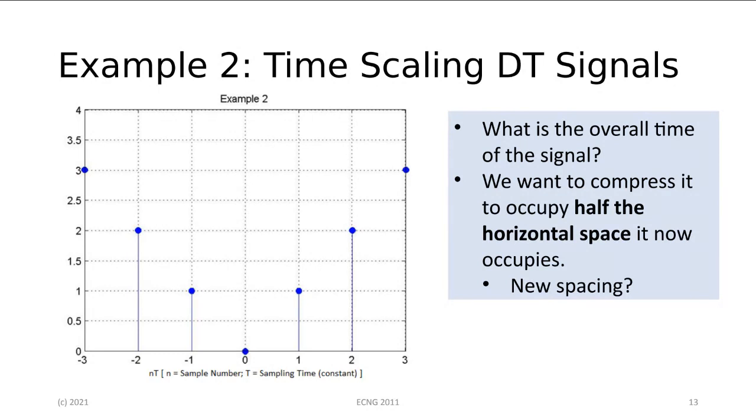So what would the new spacing be? If it has to occupy half of the time, right now it's occupying 6 seconds, so somehow we have to get it so that it now occupies 3 seconds.